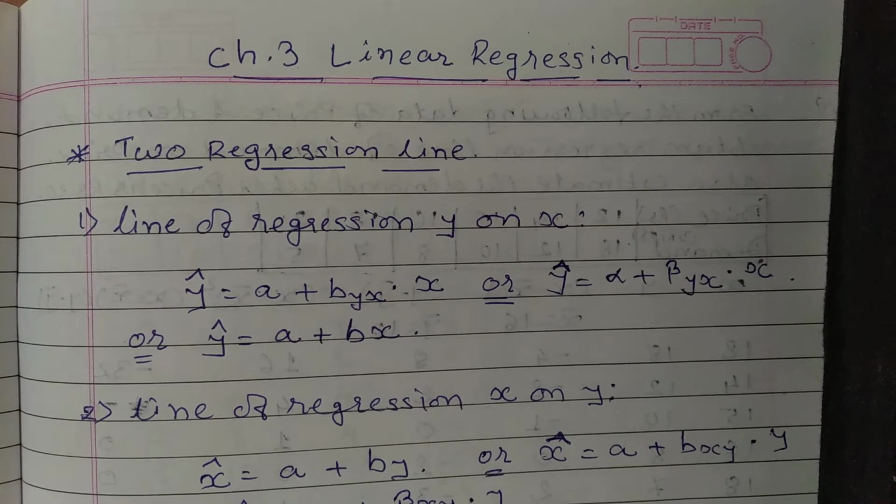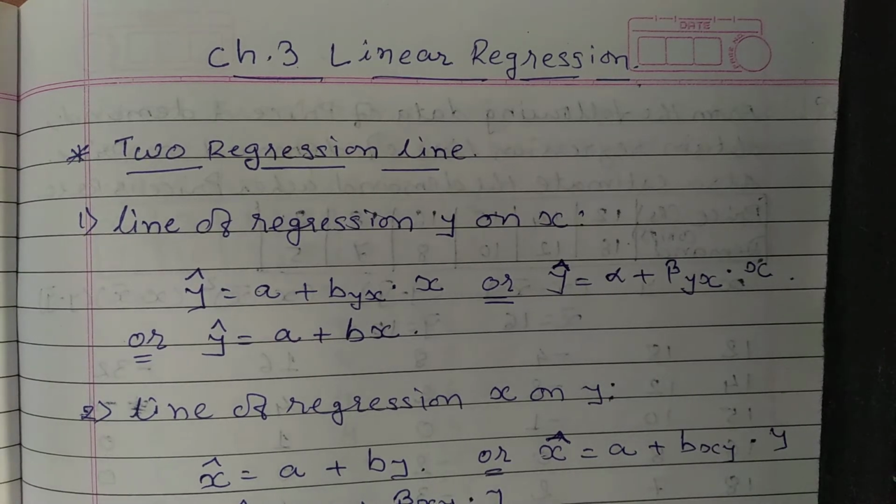That means if there are any kind of simultaneous changes in two variables, it is called correlation. Now, such a measure of closeness of linear correlation between two variables x and y is called the correlation coefficient. Now it is clear what correlation is and what the correlation coefficient is.